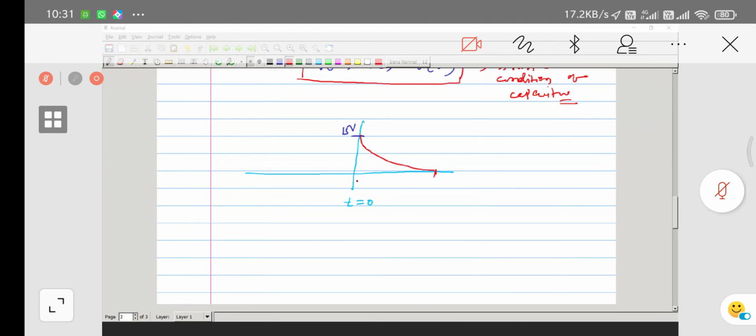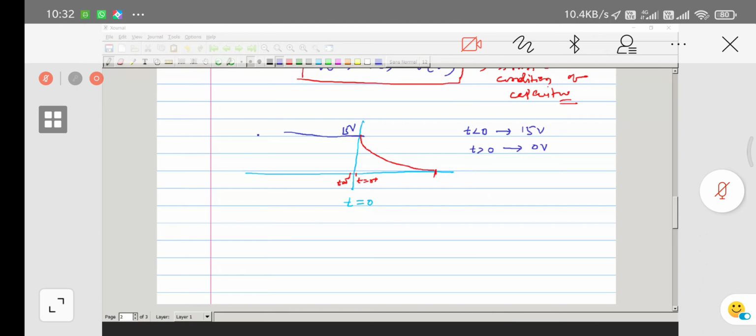Here this is called T0 plus and this is called T0 minus. For T less than 0, the capacitor has 15 volts, and for T greater than 0, the capacitor has 0 volts.